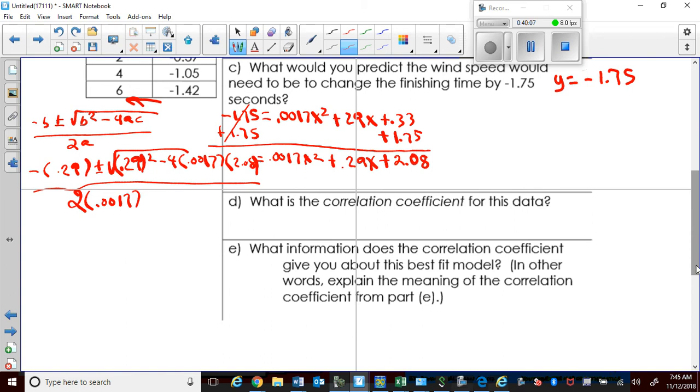So we're going to use our graphing calculators here to calculate this information. Okay, so part of it I have, so I get negative 0.29 plus or minus some number inside of the radical, divided by 0.034.